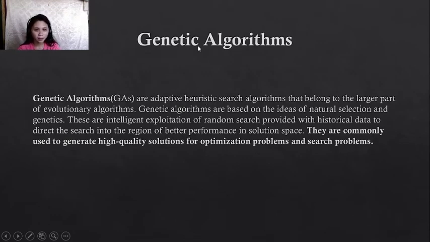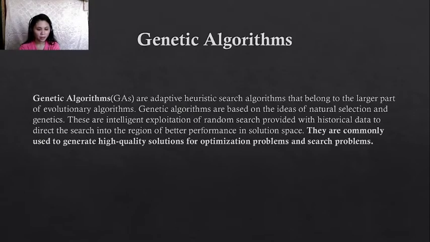So genetic algorithms simulate the process of natural selection, which means the species that can adapt to changes in their environment are able to survive and reproduce to reach the next generation.